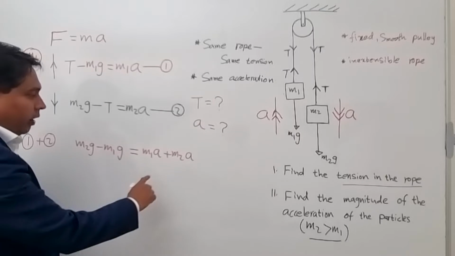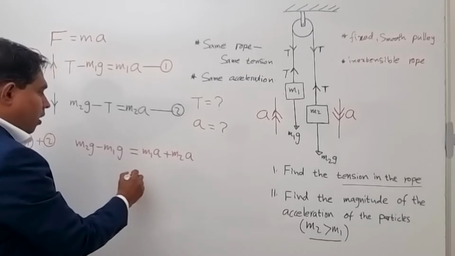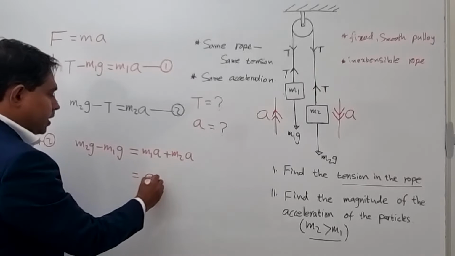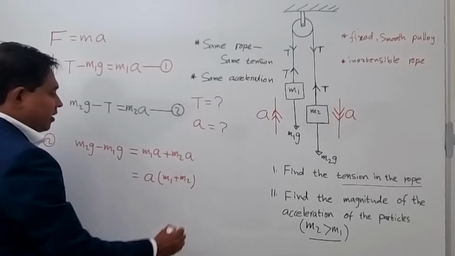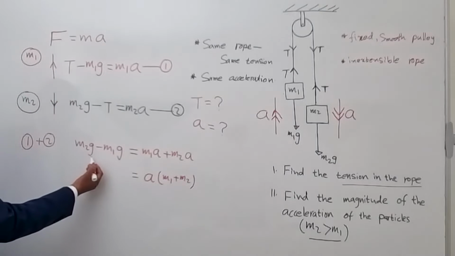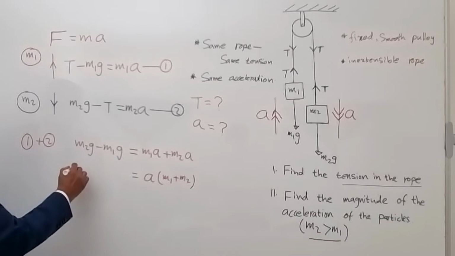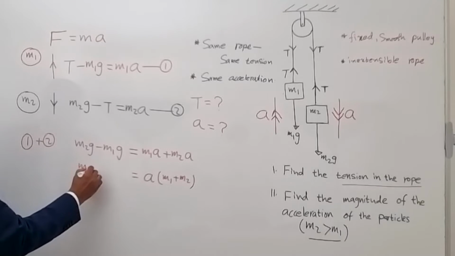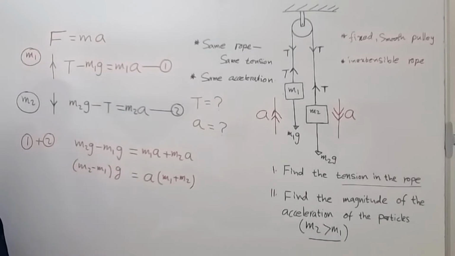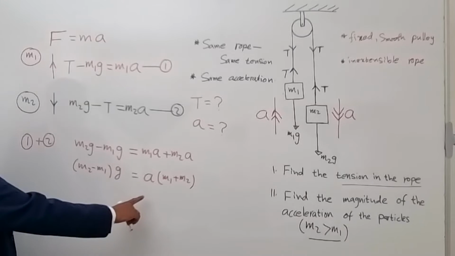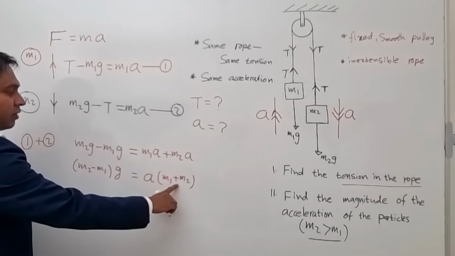We can find A. If I take the common factor A out, I can write A times (m1 plus m2) on the right hand side. On the left hand side, you can take g out because g is a common factor, and write this as (m2 minus m1) g. Now you can find A if you divide both sides by m1 plus m2.